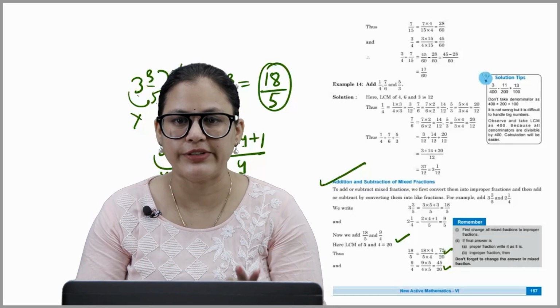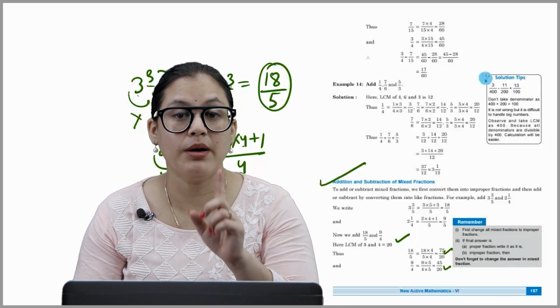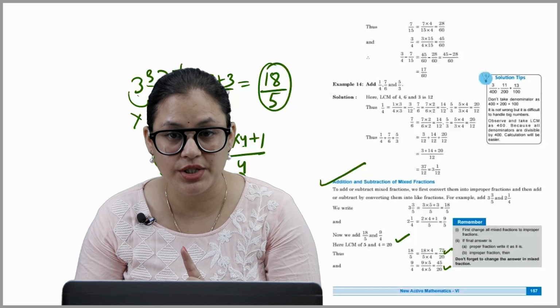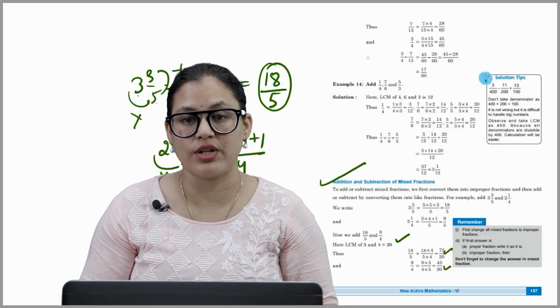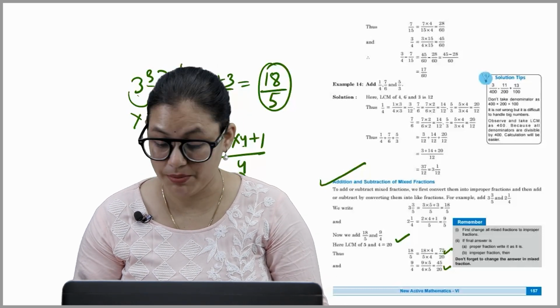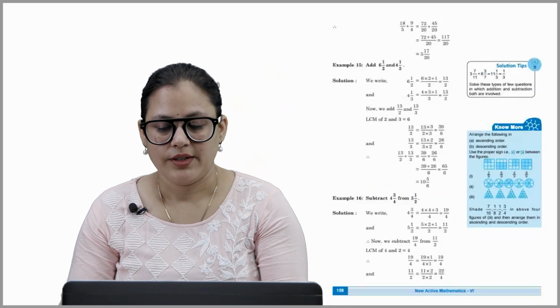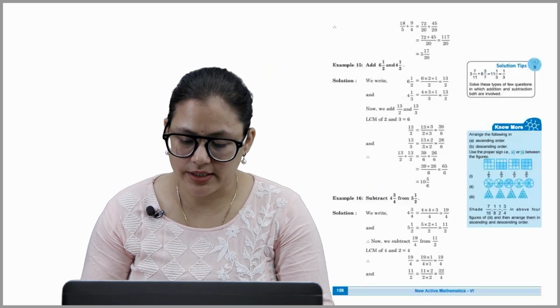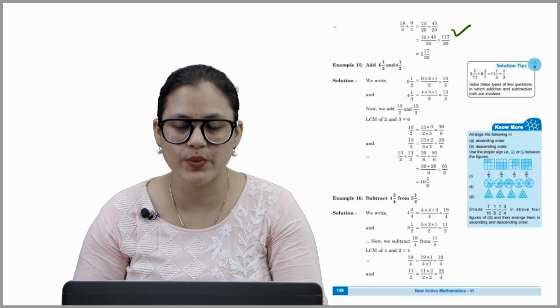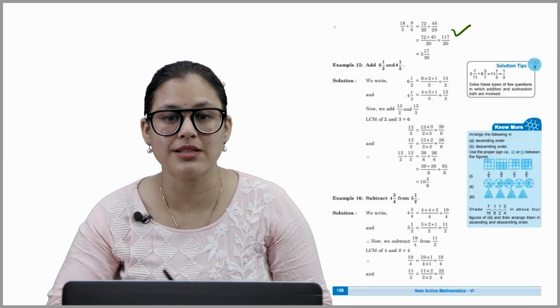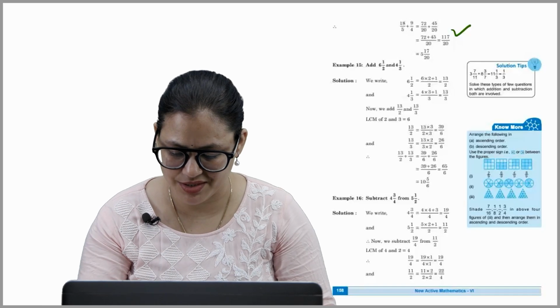Number 2, if the final answer is a proper fraction, write it as it is. And if improper fraction, then don't forget to change the answer into a mixed number, right? So here we'll get this answer 117 by 20, but this is an improper fraction, so we will convert this improper fraction into a mixed fraction.